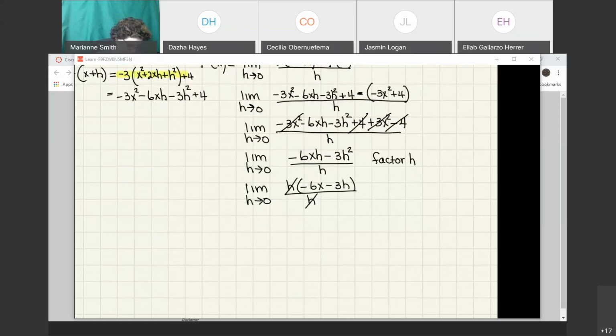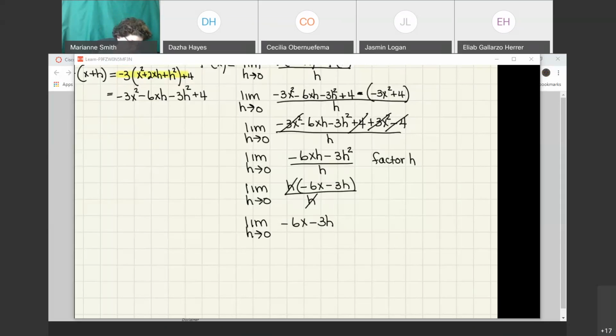Now I'm finally left with the limit, and I can make the limit work, hopefully, -6x minus 3h. Okay, so if I let h go to 0, does anything happen to -6x? Nope, nothing happens. How about the other term? How about minus 3h?